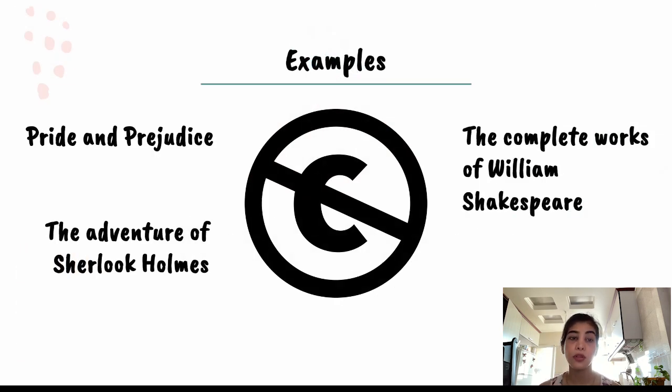For example, books like Pride and Prejudice, The Adventures of Sherlock Holmes, the complete works of William Shakespeare. All these books and plays and notes are in the public domain because a lot of time has passed since the death of the writers.